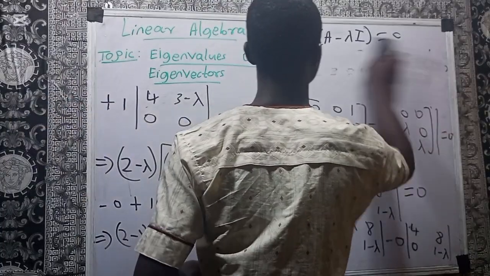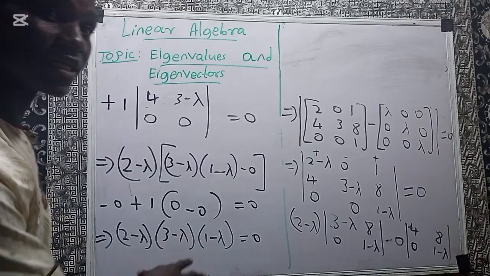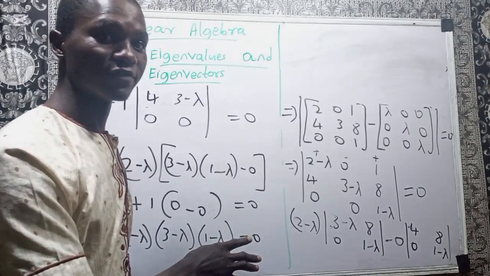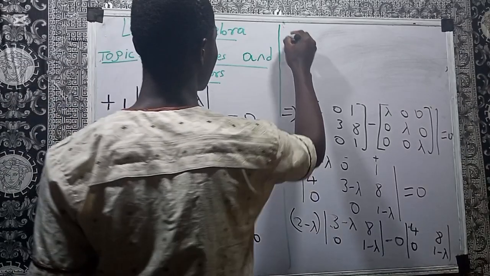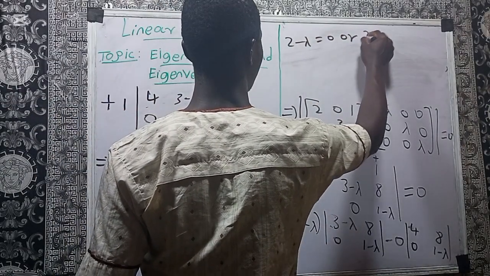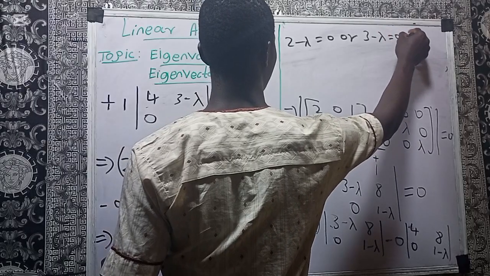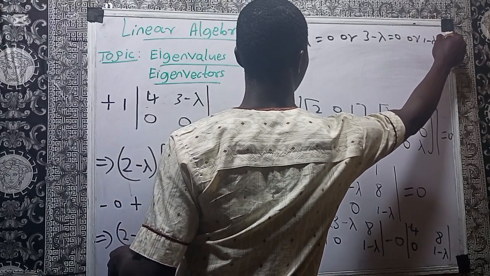So with this, we continue solving. These three quantities are given, the product of these three quantities is 0. What does it mean? It means that 2 minus lambda equals 0, or 3 minus lambda equals 0, or 1 minus lambda equals 0.